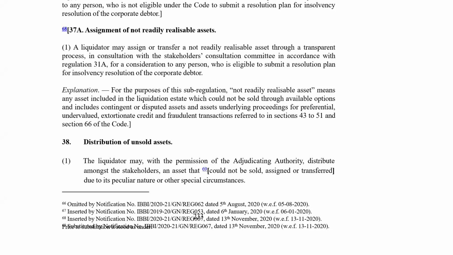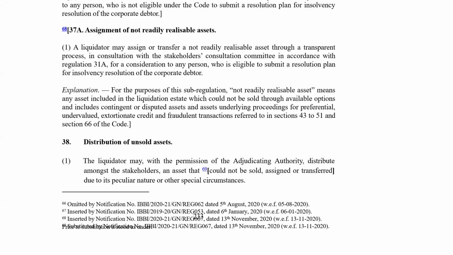Okay. So a liquidator may assign or transfer a not readily realizable asset through a transparent process in consultation with the stakeholders consultation committee in accordance with regulation 31A for a consideration to any person who is eligible to submit a resolution plan for insolvency resolution.